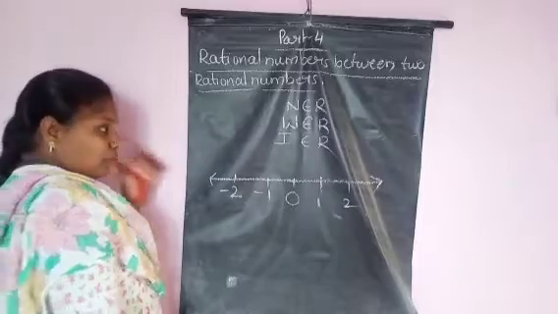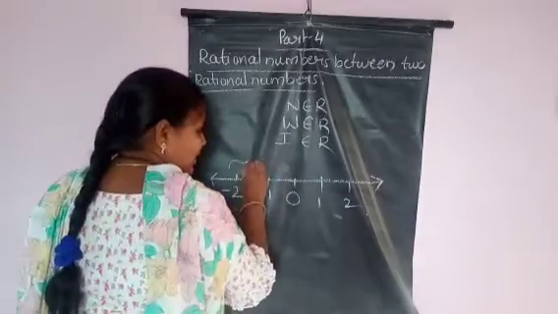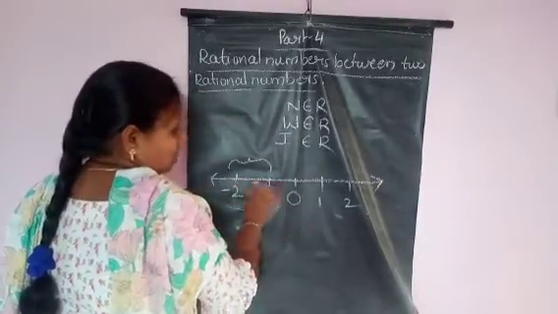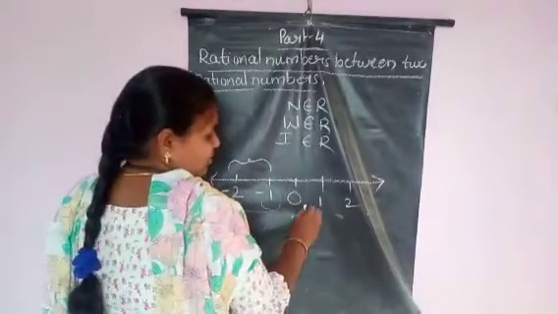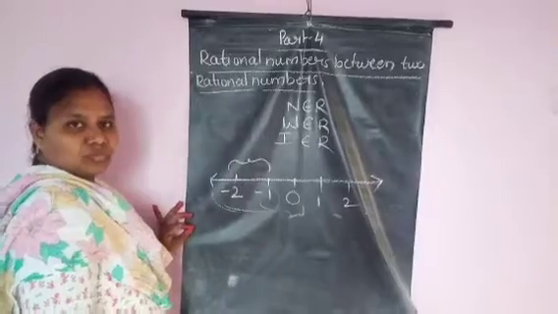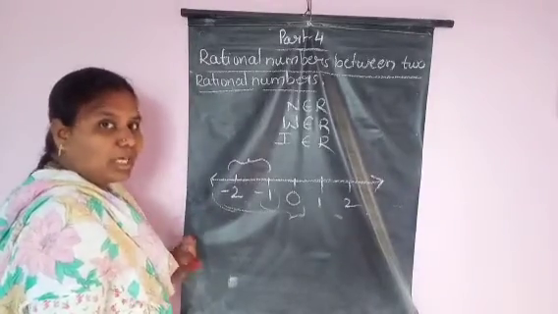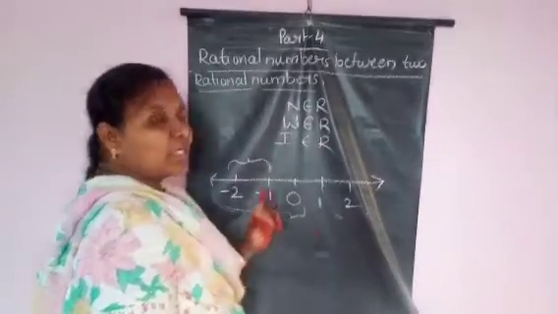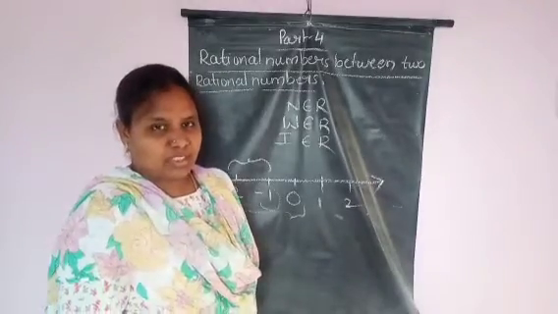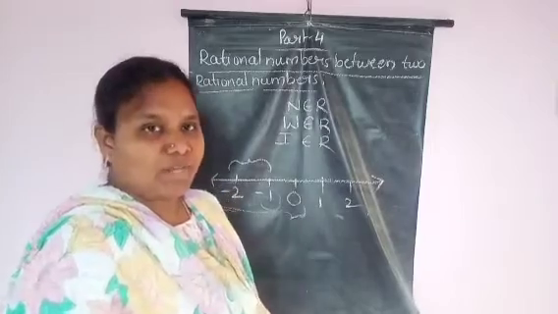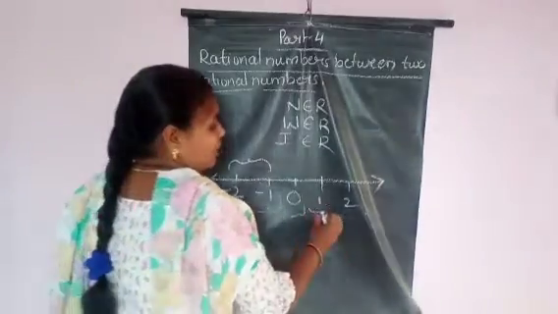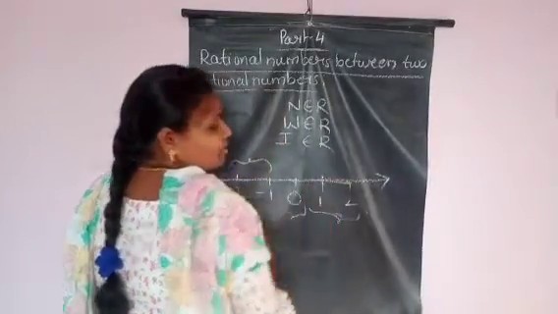Is there any rational number between these two? Yes. We have an infinite number of rational numbers between any two rational numbers.